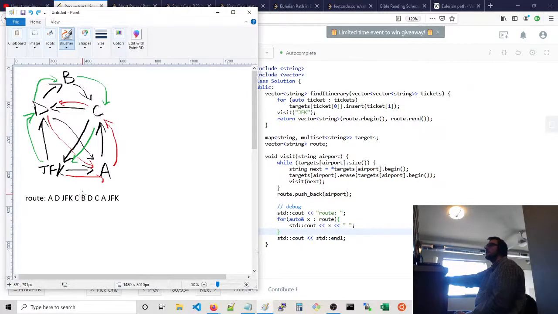And that is really interesting to me because when you get to this part of the code, this next equals this targets, it's going to be A. This is going to be the beginning for airports of D. It's going to be A. You erase that ticket, and then you visit on A. And then A, at that point, shouldn't have any other tickets, right? We hadn't written anything yet. We wrote A. And this is the first thing that gets written to the whole thing, right? That's sort of at the very bottom.